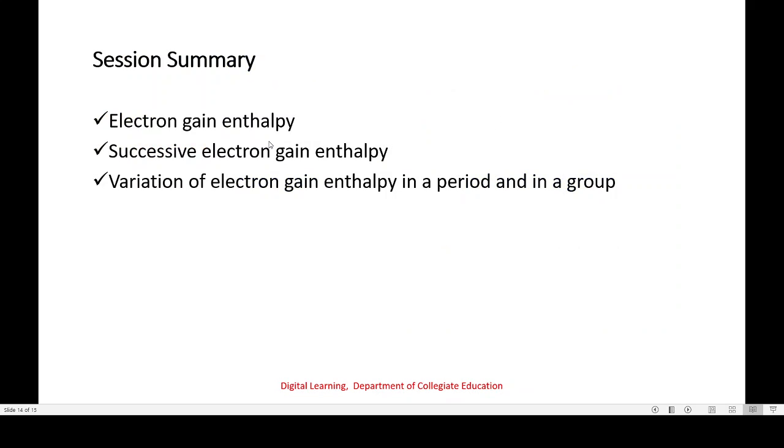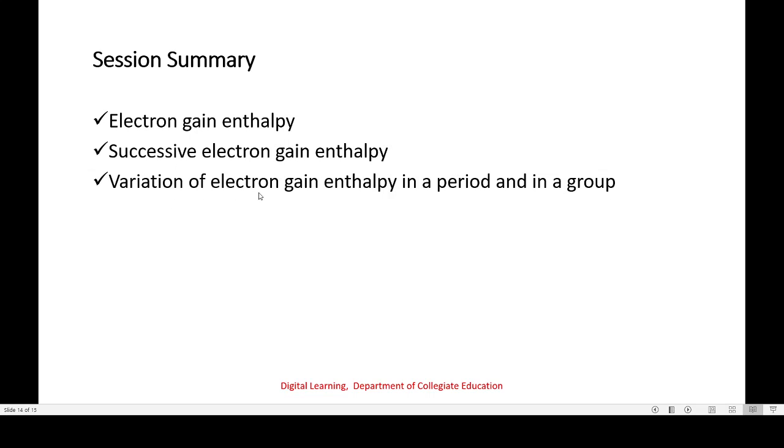Coming to the summary of this video, we have defined what an electron gain enthalpy is. It is the tendency of an atom to change into an anion, or it is the amount of energy which is released when an electron is added to a gaseous isolated atom or ion, and the successive electron gain enthalpy is the addition of an extra electron to the first anion, and we have learned this in detail.